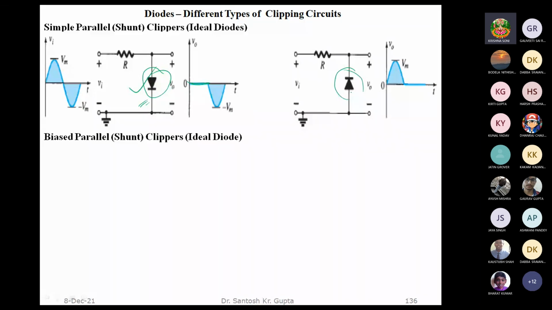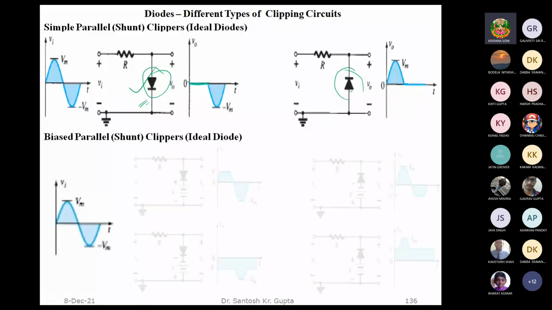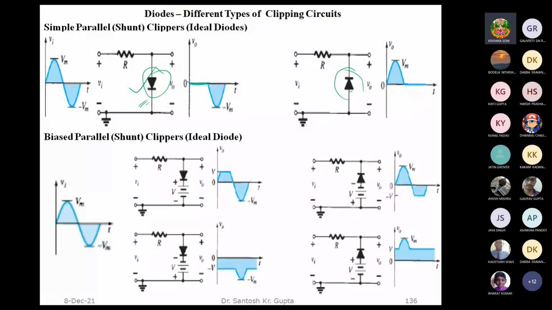Means in the shunt clippers, we get the output voltage when the diode is off, and the output is going to be zero when the diode is on.